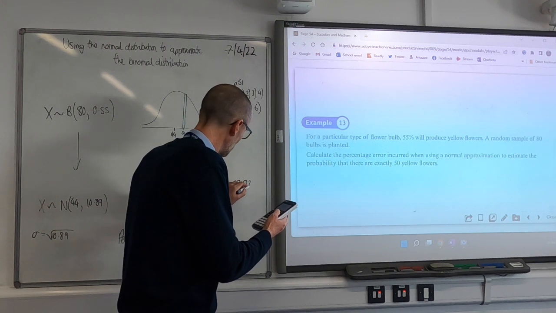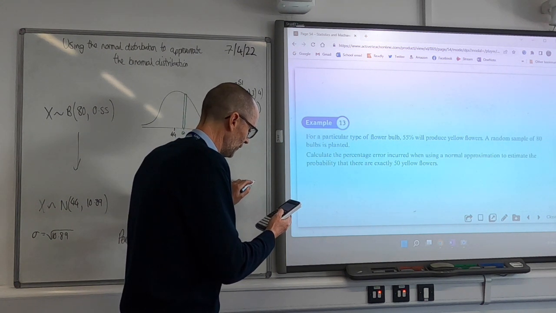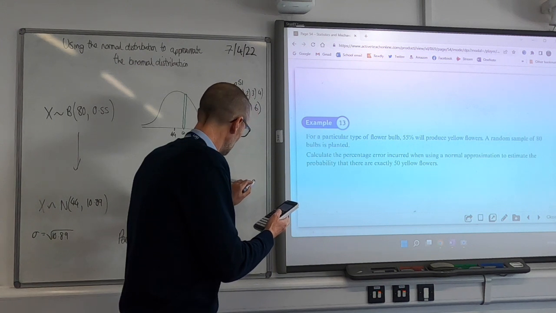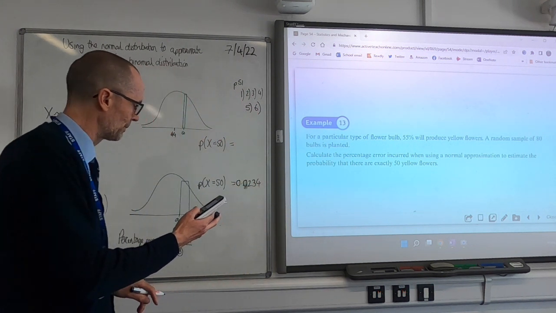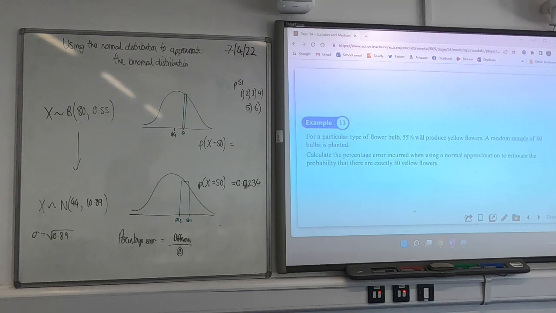Now I sort of disagree with the book here, because the book goes to more than 4 decimal places. So I'm going to go to 4 decimal places with that one.